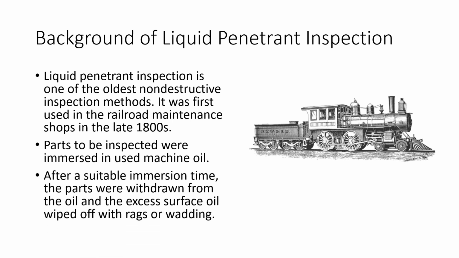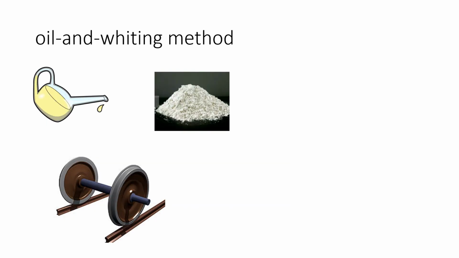Then they'd throw these parts into the oil, and when the parts came out, the excess oil would be wiped off with rags and wadding, to get all the surface oil off of these parts to be inspected.